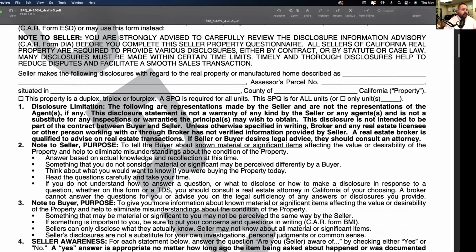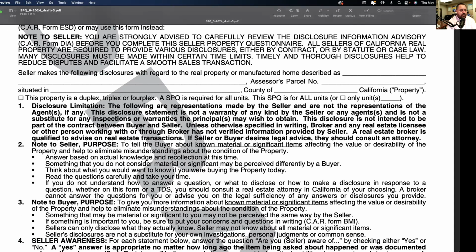That's it. Disclosure limitation. The following are representations made by the seller and are not the representation of the agents, if any. Remember, just because there are no agents doesn't mean they're exempt from making these disclosures. That's why it says if any. This disclosure statement is not a warranty of any kind by the seller or any agents and is not a substitute for any inspections or warranties the principals may wish to obtain.